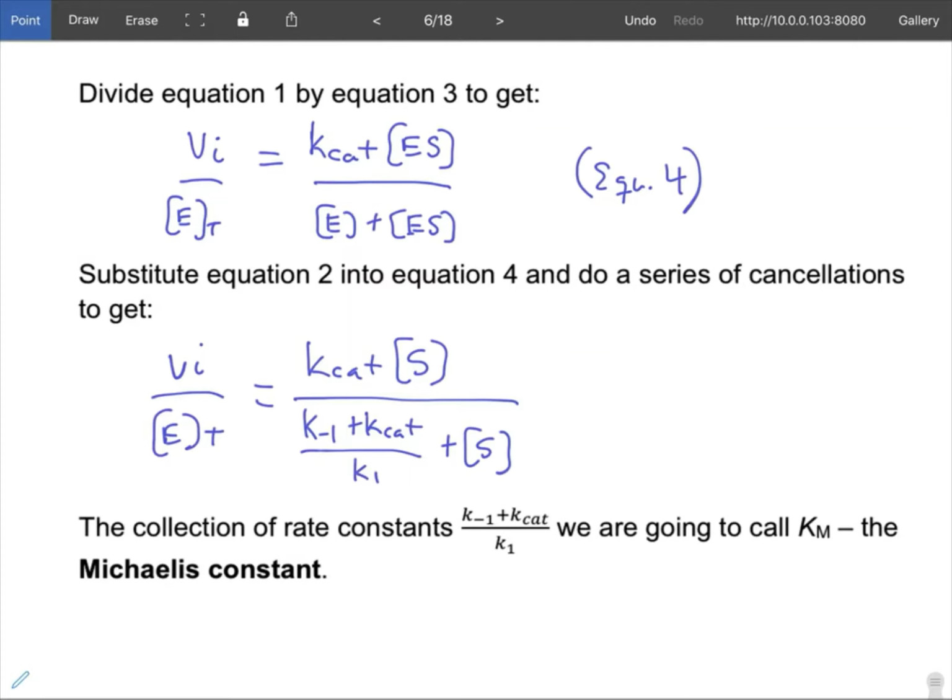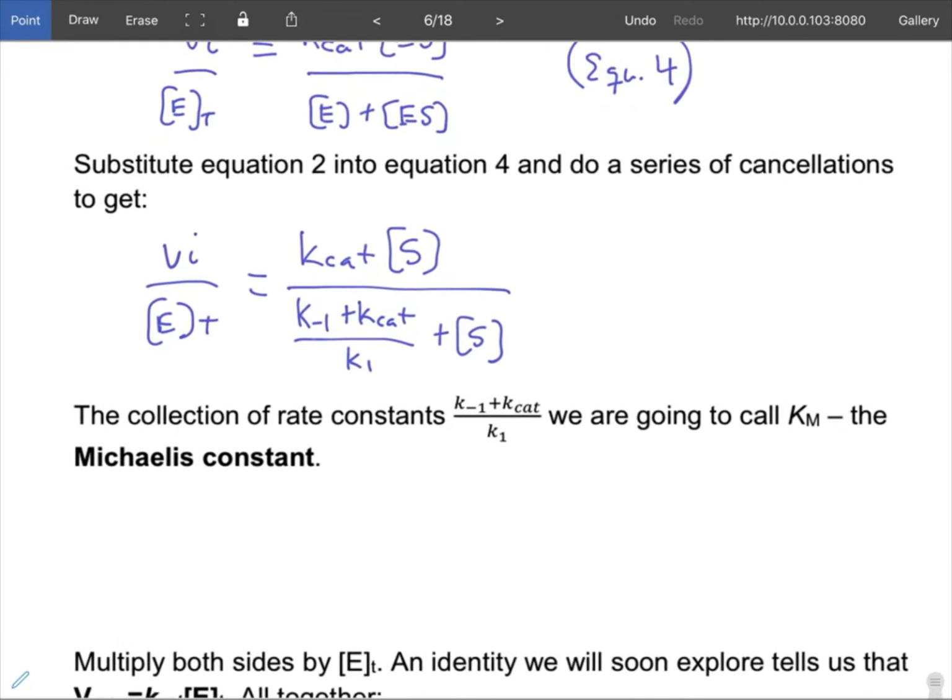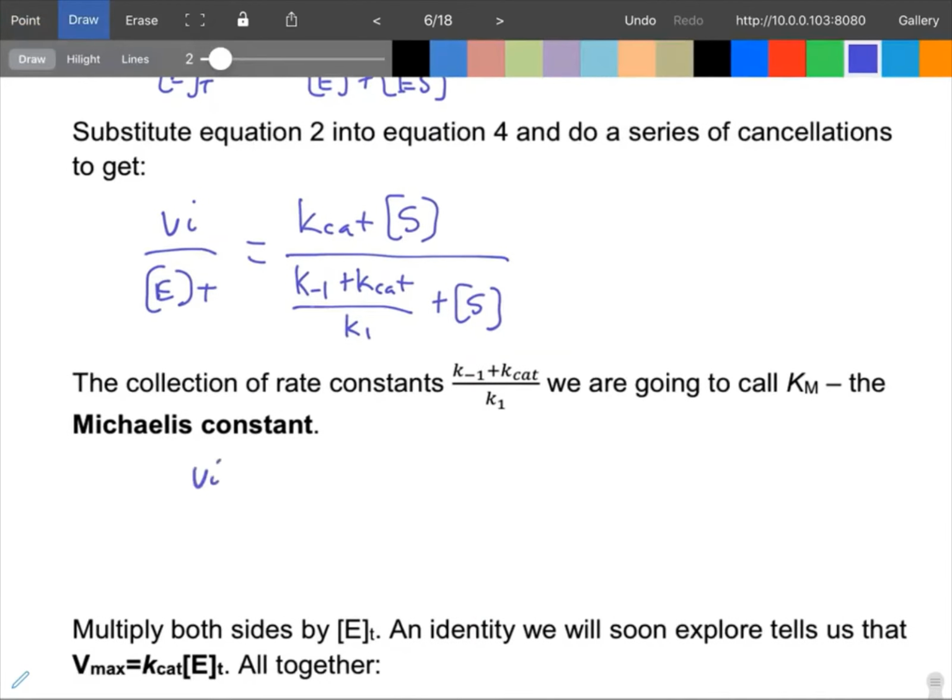So we're going to collect those all into one thing we're just going to call Km, capital Km, which is known as the Michaelis constant. And that leaves us with the following: initial velocity divided by the total enzyme concentration equals kcat times substrate concentration divided by now this Km plus the substrate concentration.